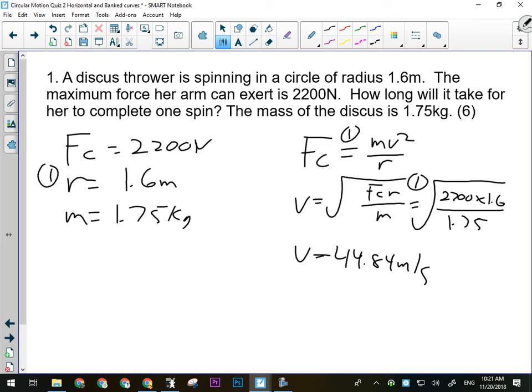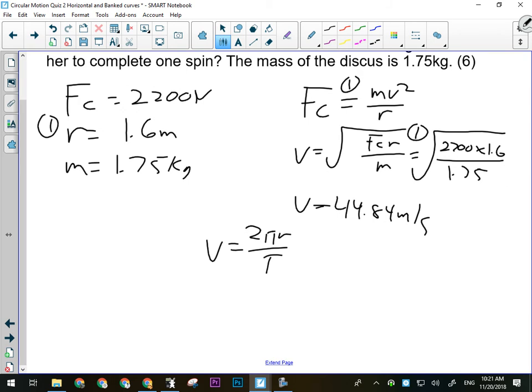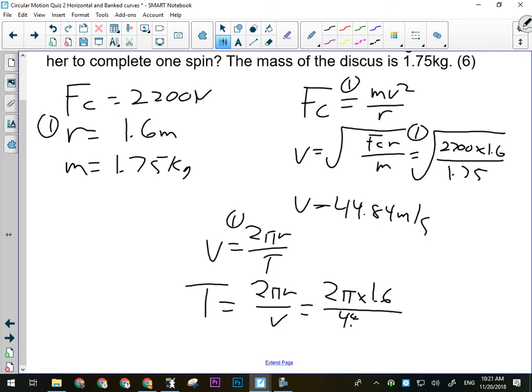Then we're going to use v equals 2 pi r over t, and we're going to solve for t. So what are we up to? 3 marks here. Give them a mark for this, a mark for it manipulated for t, so 2 pi r over v, which will be 2 times pi times 1.6 divided by 44.84.